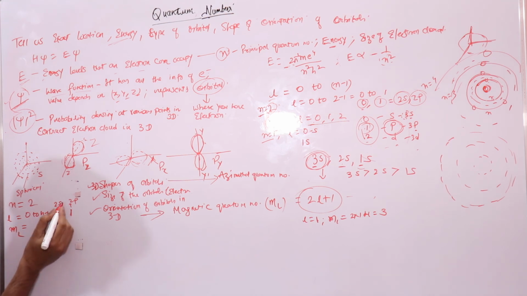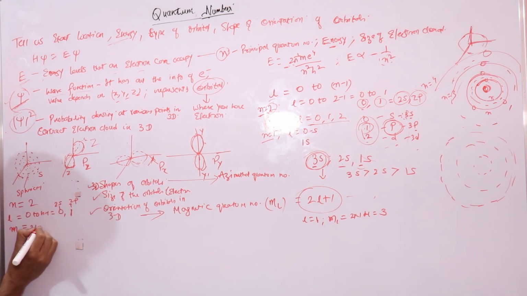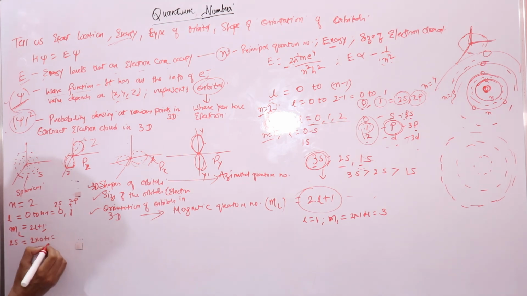Now how many orientations does the 2s orbital have? For the 2s orbital, l equals 0, so 2l plus 1 is 2 into 0 plus 1, which is 1 orientation. For 2s, spherical, it's only 1 orientation.